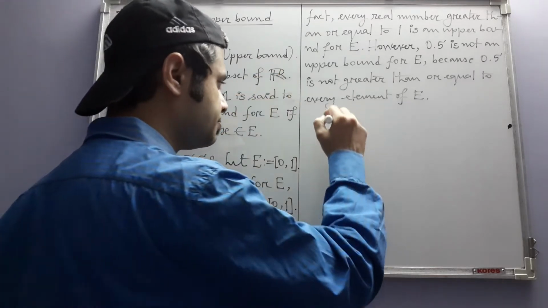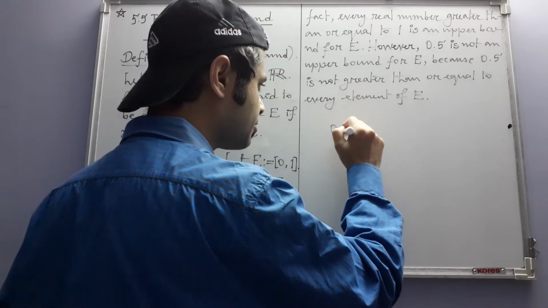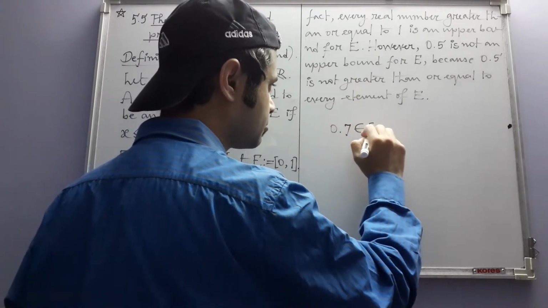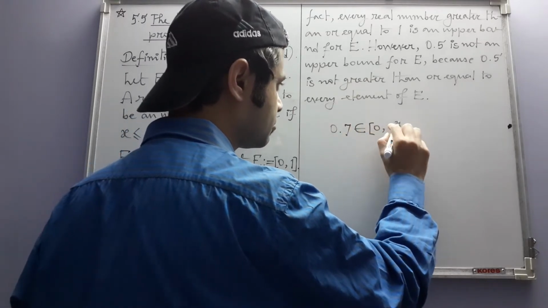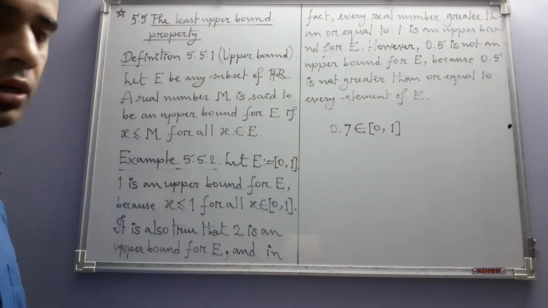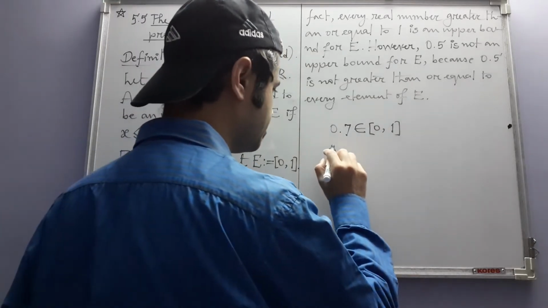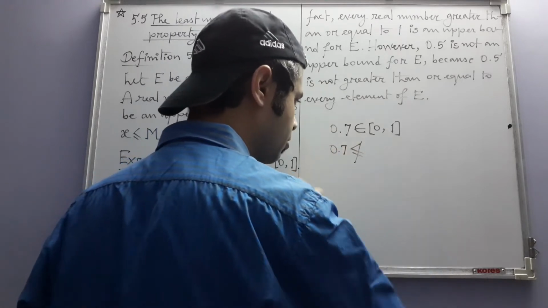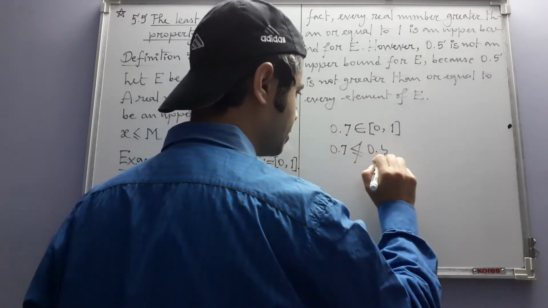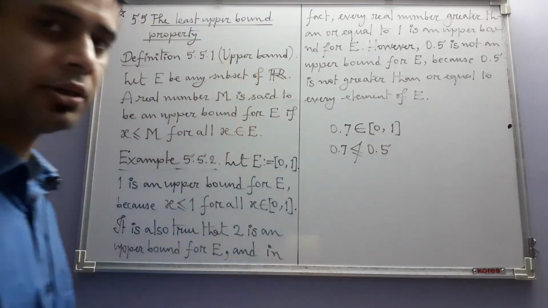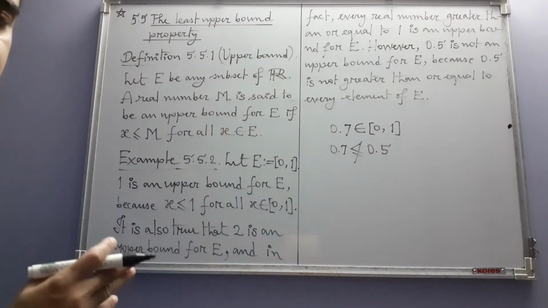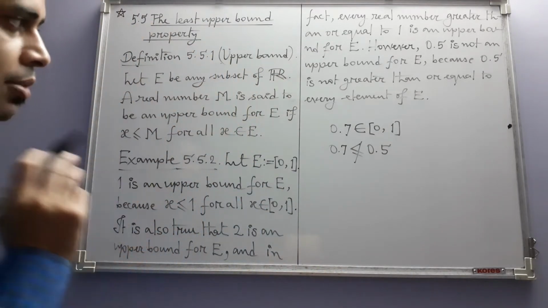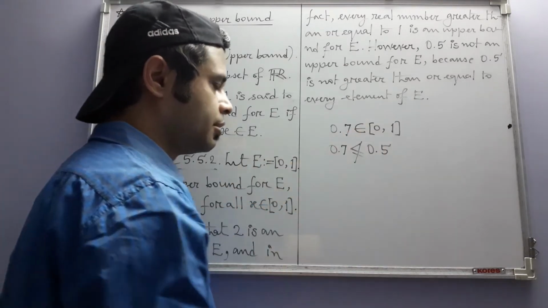For example, 0.7 belongs to this closed interval, and 0.7 is not less than or equal to 0.5 because it's greater than 0.5. So that prevents 0.5 from being an upper bound for this set.